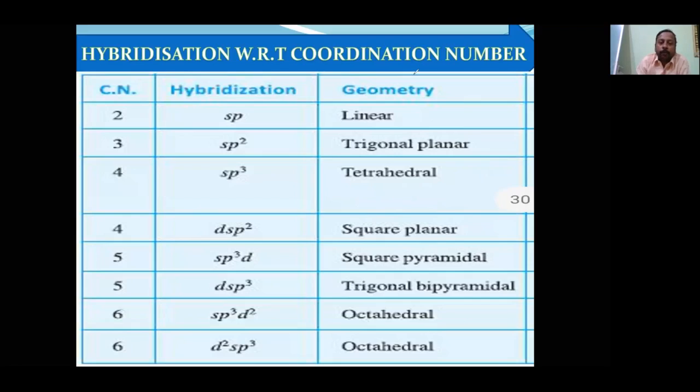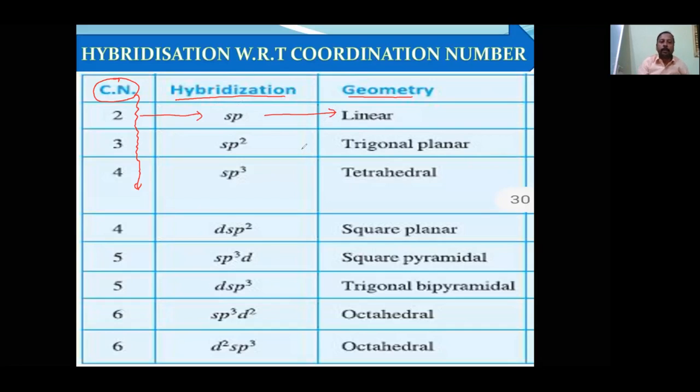Now coming to the coordination number, I think it is clear. Here, whatever is written as CN stands for coordination number. Depending on coordination number only, we will decide the hybridization, and hybridization will decide the geometry.